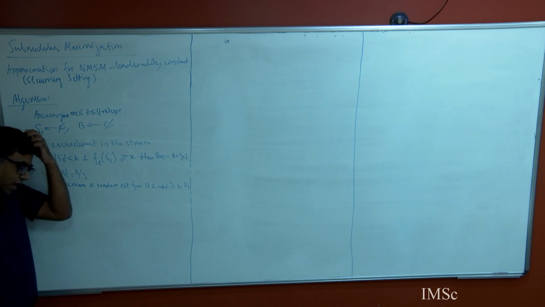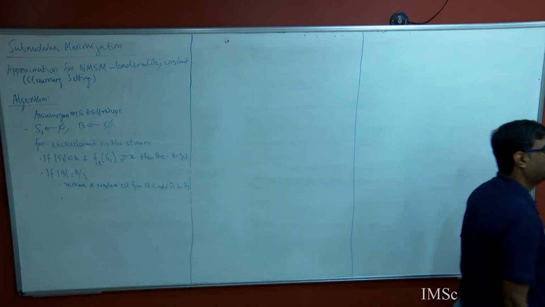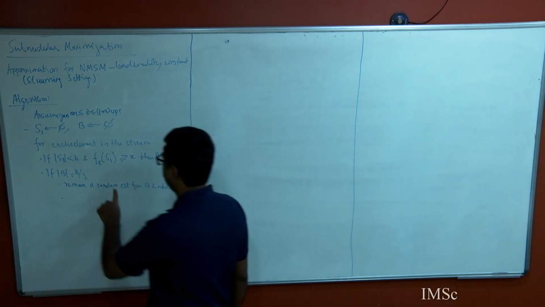So remember, what was the non-monotone cardinality version? We said pick the B of k elements which maximizes the summation f of s_i. So this B is just going to act like this.